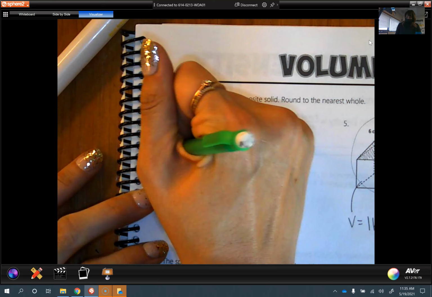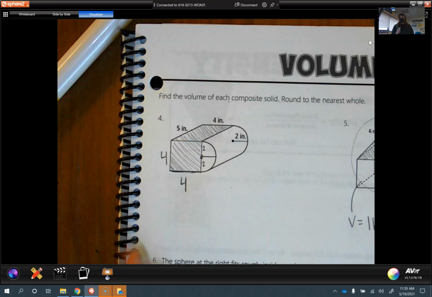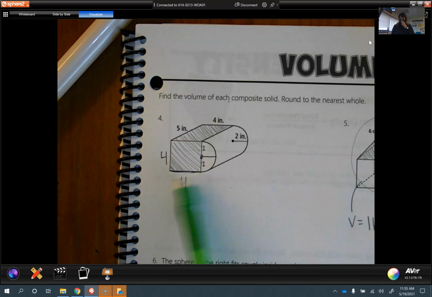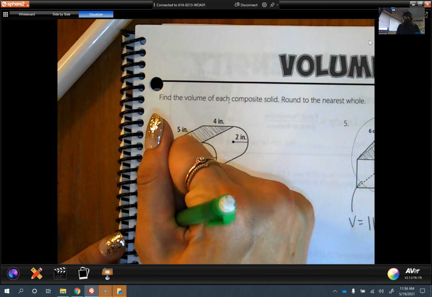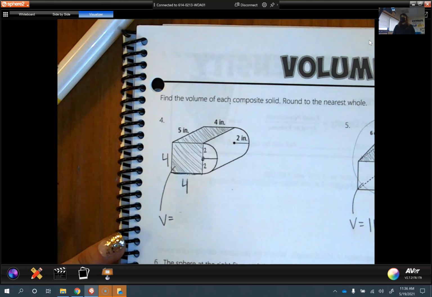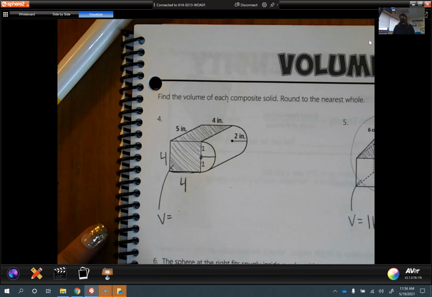So it turns out it is a square. The length is 4 and the width is 4. So what we would plug in to the volume for just the rectangular prism would be 4, 4, and 5.